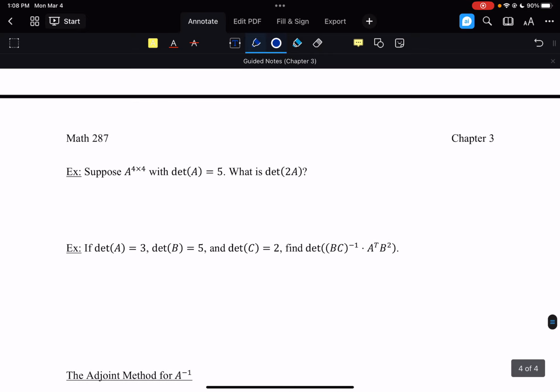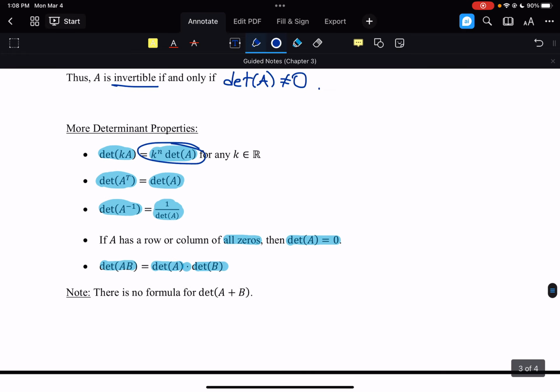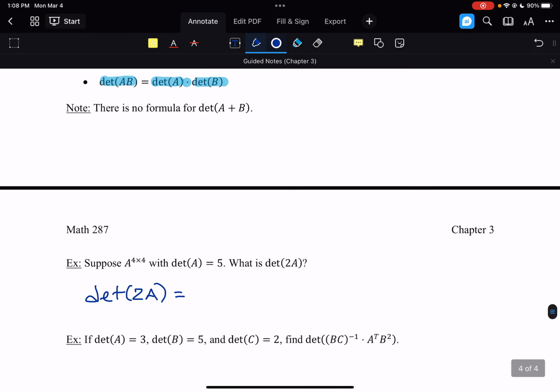So there's a couple examples here. Suppose that A is a 4x4 matrix and that its determinant is 5. What is the determinant of 2A? So determinant of 2A would be k to the n, so the scalar raised to the power of the dimension of the matrix.